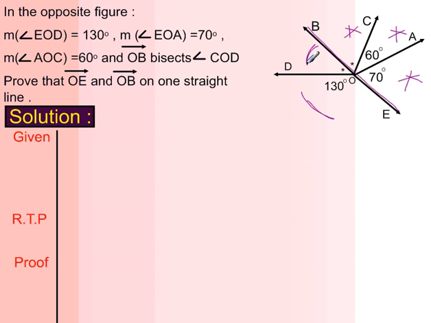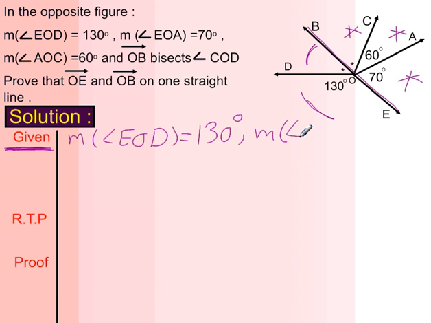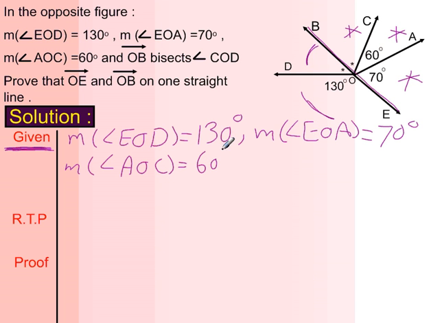Let's start our solution by writing the given. What is the information that we have inside this question? We have the measure of angle EOD equals 130 degrees, the measure of the angle EOA equals 70 degrees, the measure of the angle AOC equals 60 degrees, and ray OB bisects the angle COD.